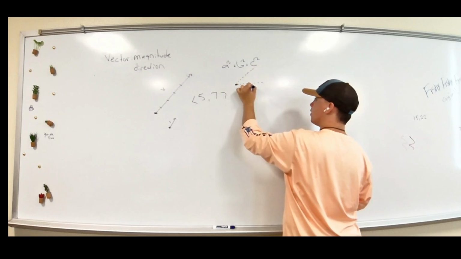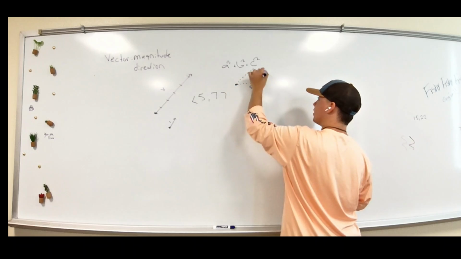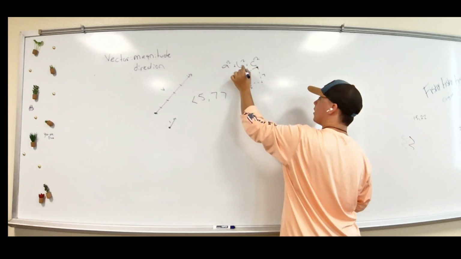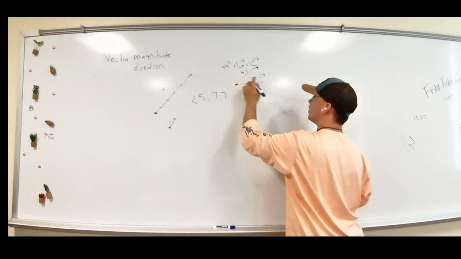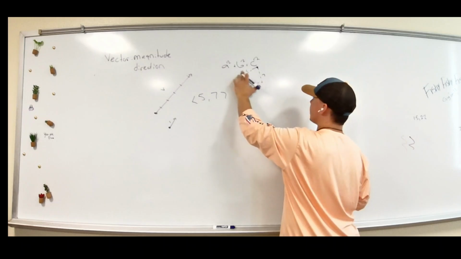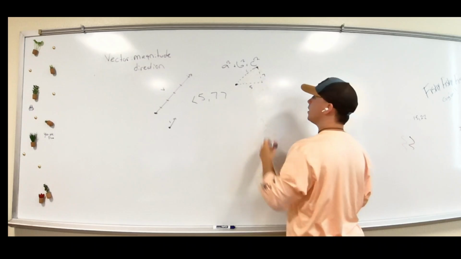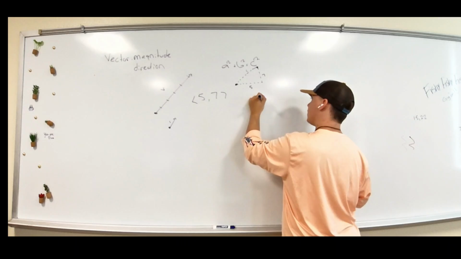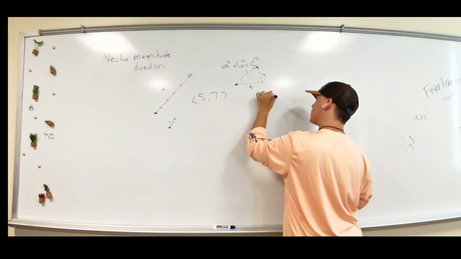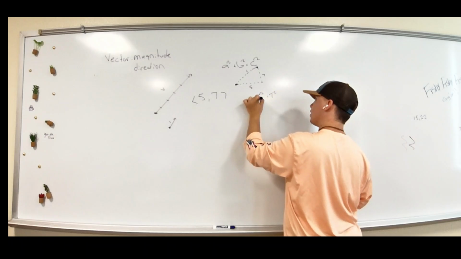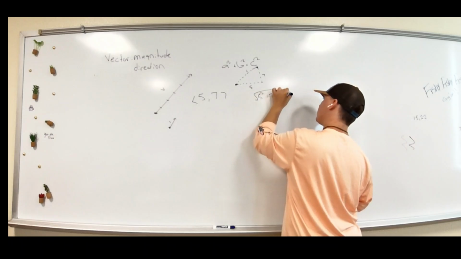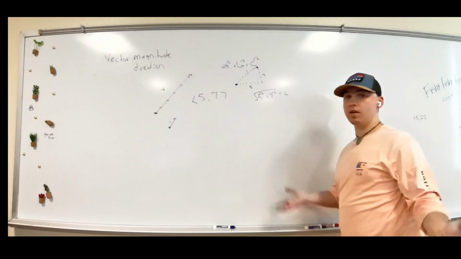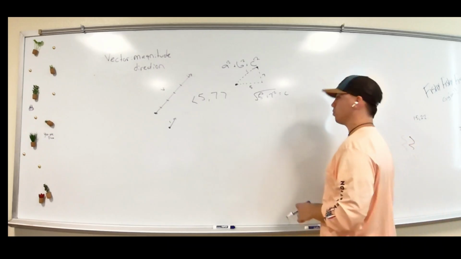With 5 and 7, you're just finding the hypotenuse, or c. So with this one, 5 squared plus 7 squared, and the root of that is equal to c, which is the length of our vector and the magnitude. That's the magnitude explained simply.